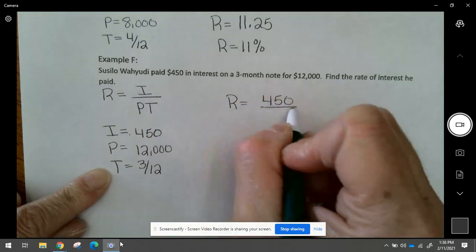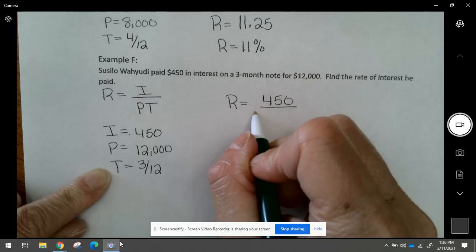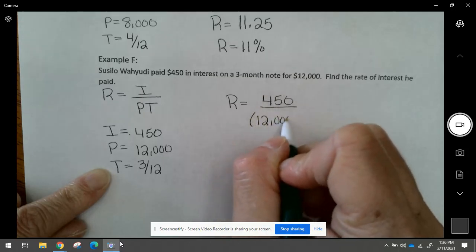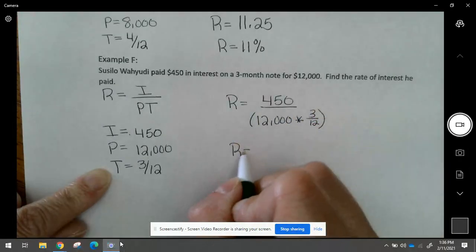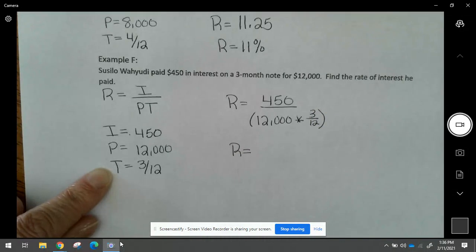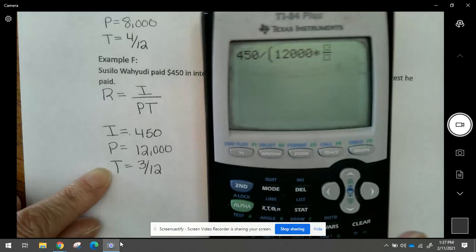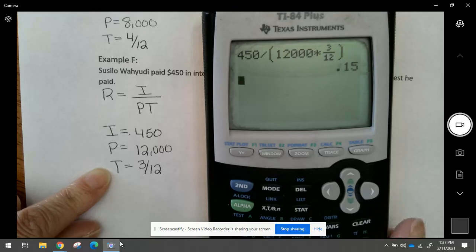So let's just substitute in. I'm typing that in my calculator: 450 divide by, parentheses, 12,000 times 3 over 12, close parenthesis. And I get 0.15.